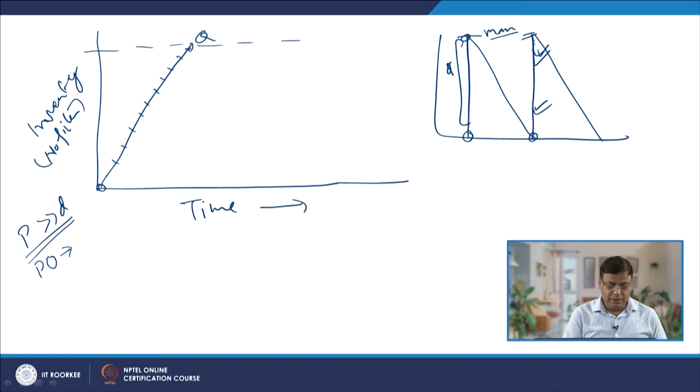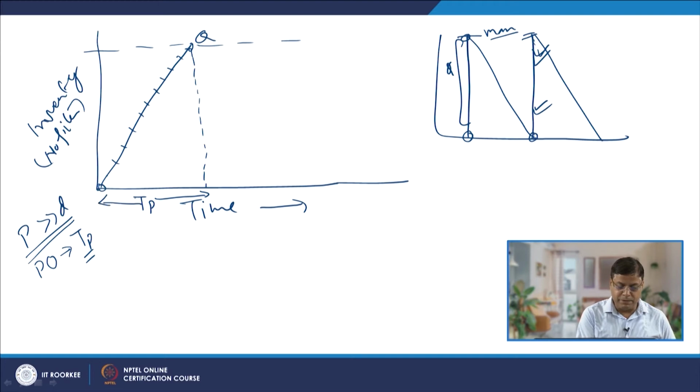That time, say TP, is the replenishment period during which the items are delivered in the inventory against the PO, and thereafter, this is the Q max level.